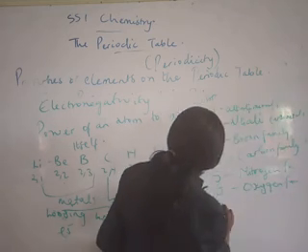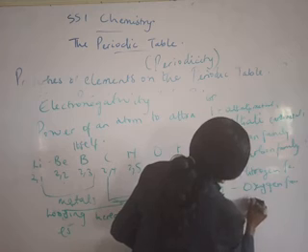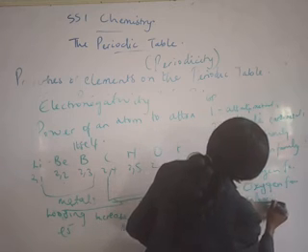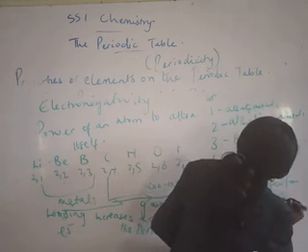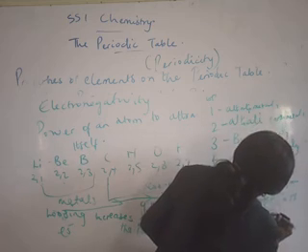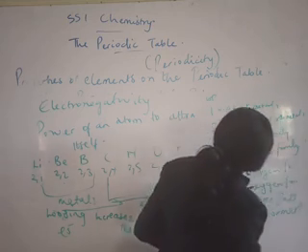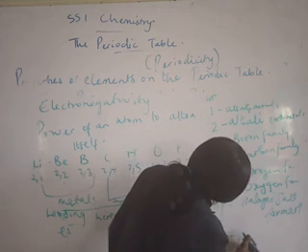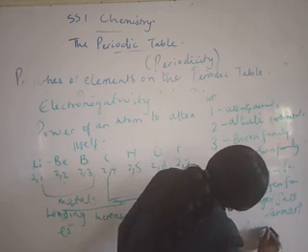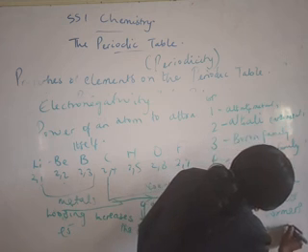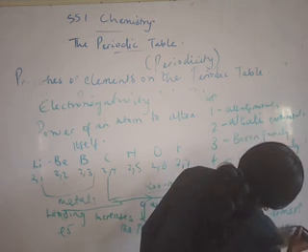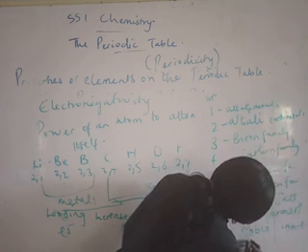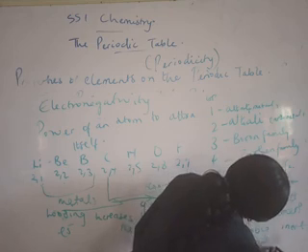For group seven, they are called halogens, and we can also call them salt formers. And for the almighty group eight, they are called what? Noble gases. You can call them noble, inert, or rare gases.